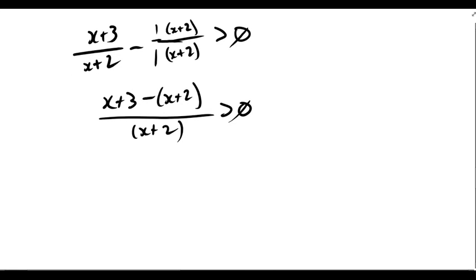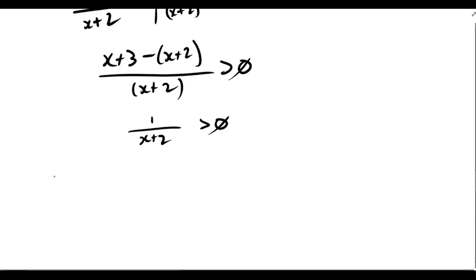So now I'm going to simplify the top. x minus x is 0. 3 minus 2 is 1. So I get 1 over x plus 2 is greater than or equal to 0. And I get just a vertical asymptote at x equals negative 2.